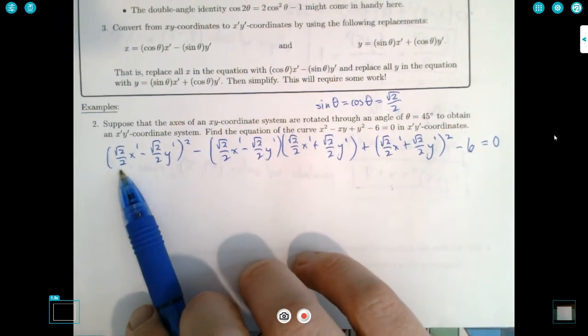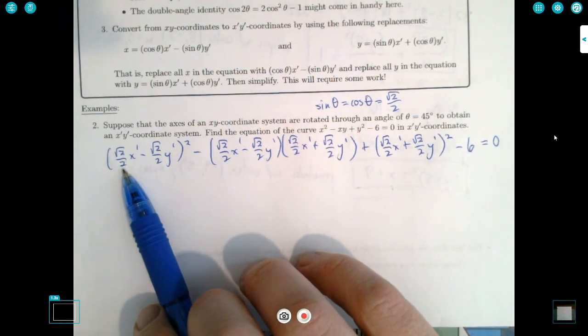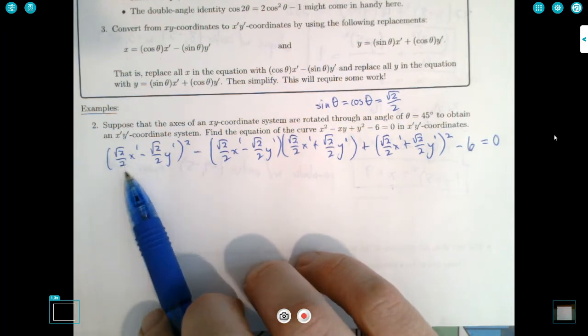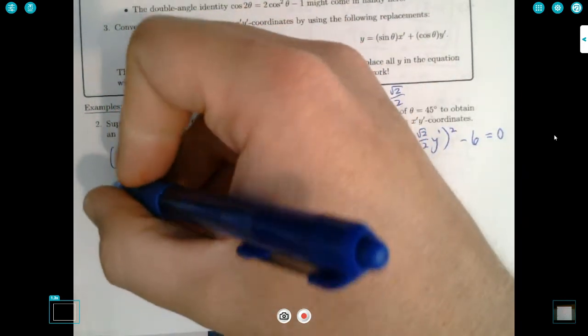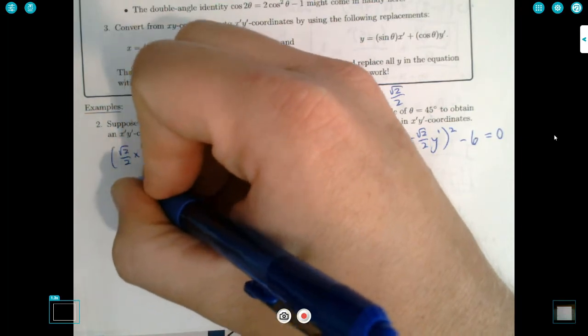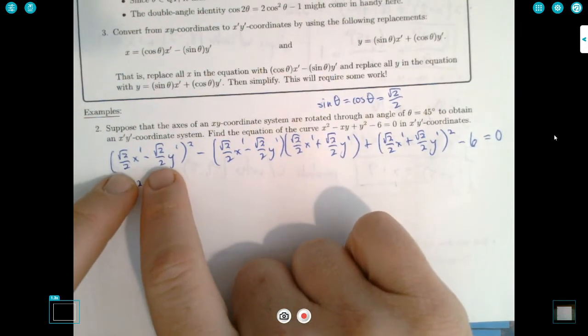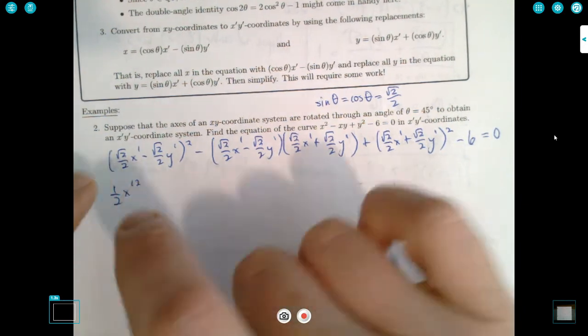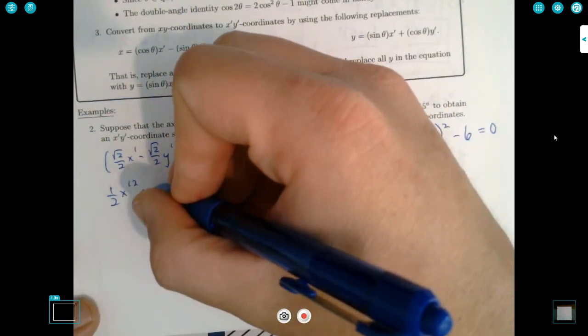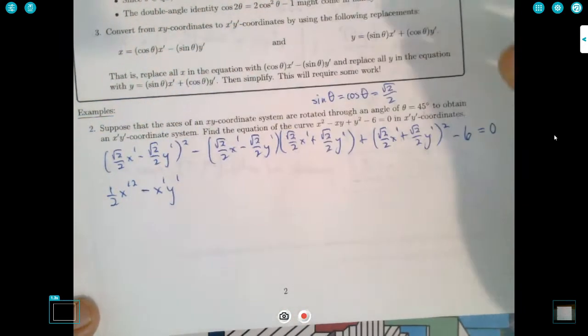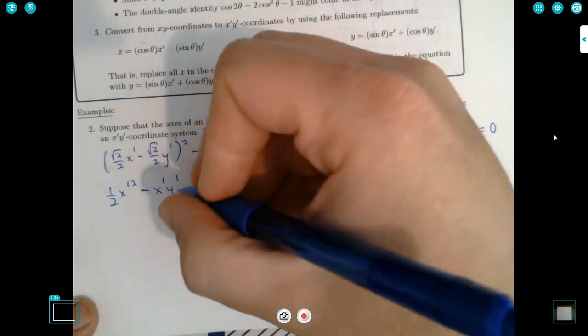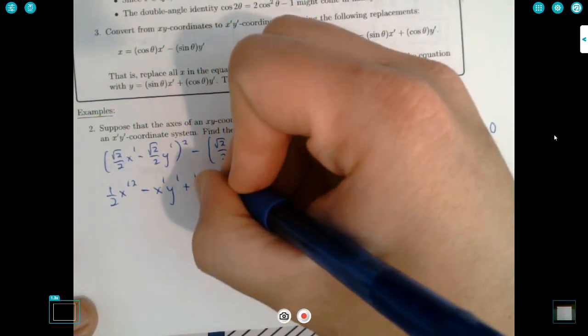Now, root 2 over 2 times root 2 over 2 is going to be 2 over 4, or in other words, 1/2. So when I square this, I'm going to have 1/2 x prime squared. I'll have a 1/2 x prime y prime, and then another 1/2 x prime y prime. So that's just going to be minus x prime y prime. And then plus 1/2 y prime squared.